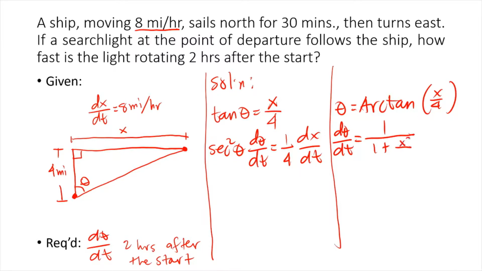So we get x squared over 16, right? And then derivative of x over 4 with respect to time. So that would be 1/4 dx dt.